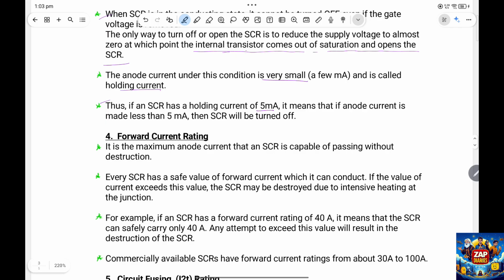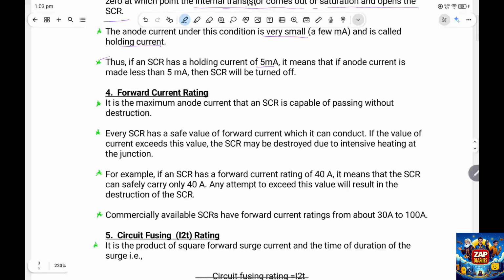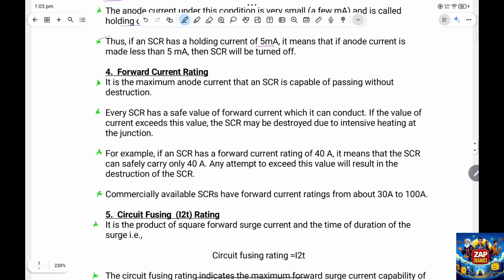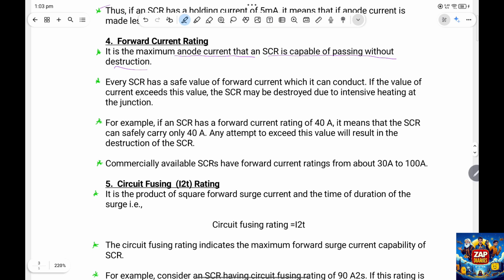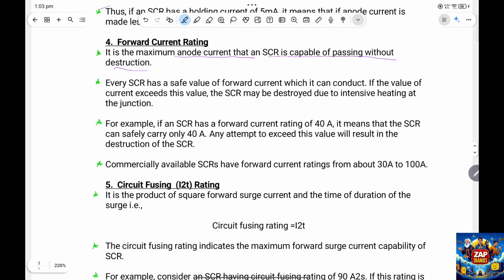If your SCR has a holding current of 5 milliamps, and you drop the anode current below 5 milliamps, the SCR will be turned off. That's it. Now coming to the forward current rating, it is the maximum anode current that an SCR is capable of passing without destruction in the on state, of course.